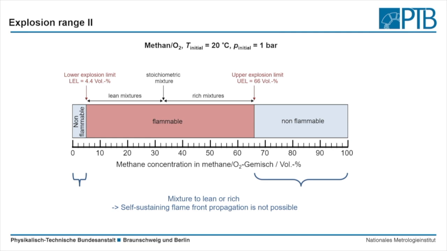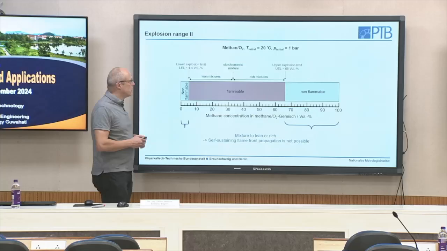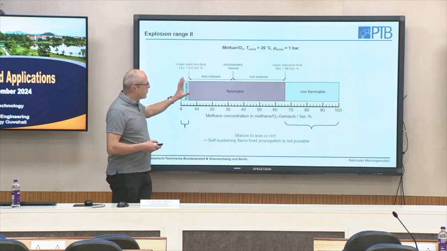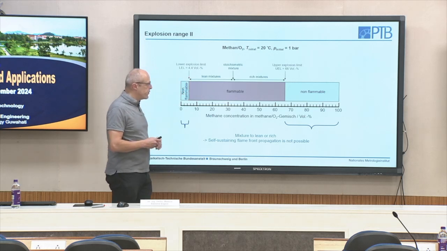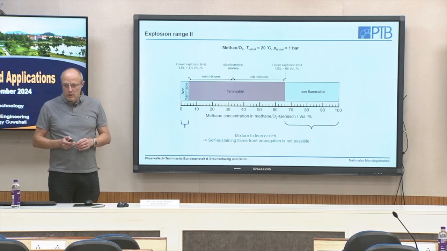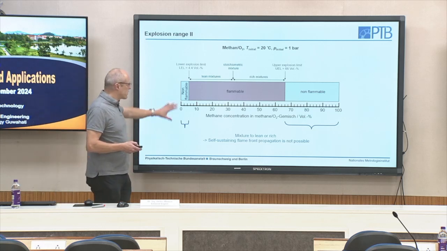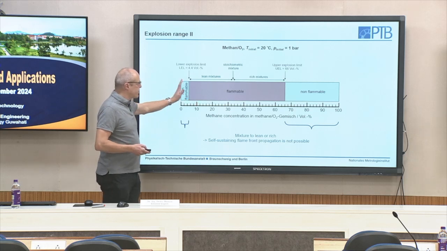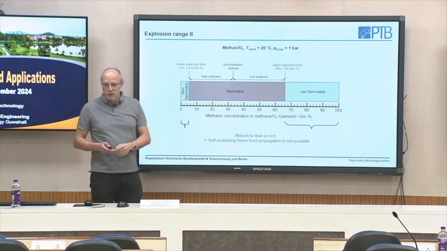There were severe accidents with pure oxygen atmospheres. Concerning safety, mixtures of combustibles with pure oxygen are really difficult to handle. But you see the same effect: there is a lower and an upper explosion limit.